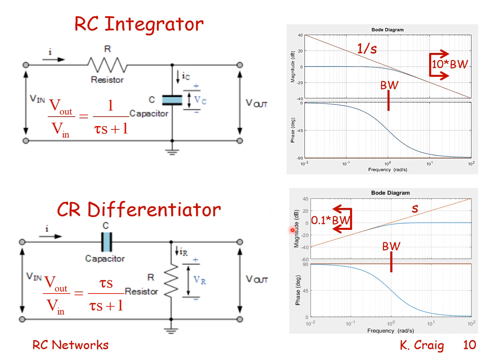At frequencies 1/10 of the bandwidth and below, where the bandwidth is 1 over tau in radians per second, where tau is R times C, the CR circuit behaves like a differentiator.